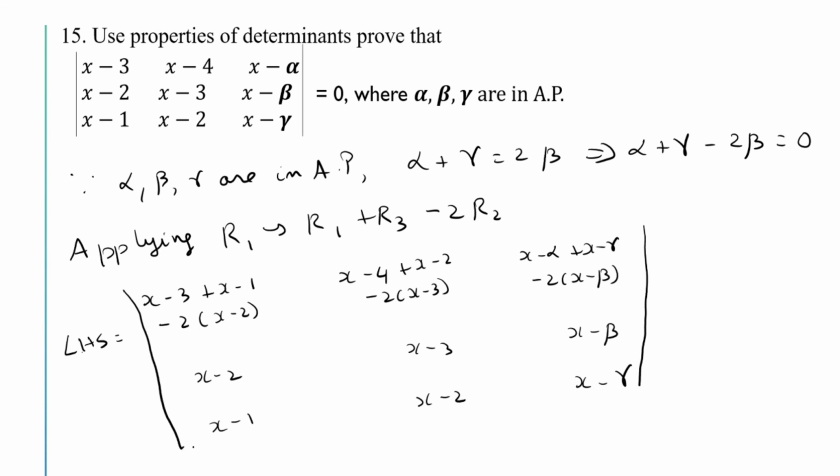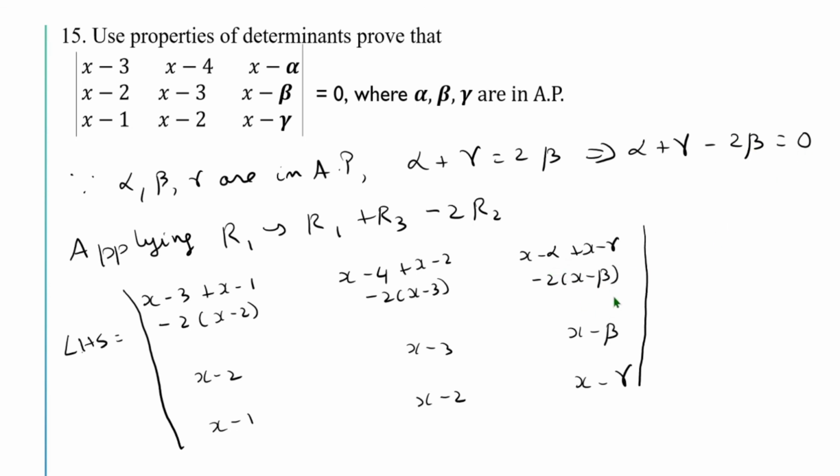So here we can see x minus 3 plus x minus 1 minus 2x plus 6 becomes 0. That is 2x minus 4 minus 2x plus 4, which is 0. Here 2x minus 6 minus 2x plus 6, again this is 0. Here 2x minus alpha minus gamma minus 2x plus 2 beta, and we have alpha plus gamma minus 2 beta is equal to 0.